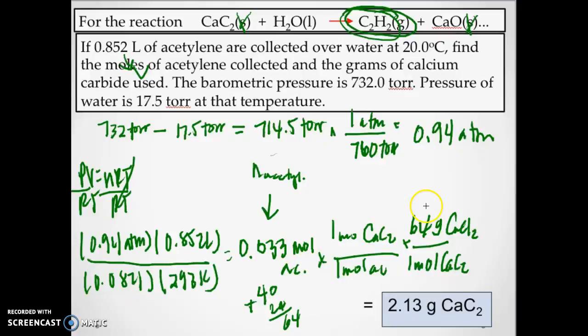So this times that is going to give us our answer. 0.033 times 64. Yep, and that's what I get. I got 2.112, which is very similar to that. So that's how we do this problem. I would try doing this again so you could really understand each step of the way.